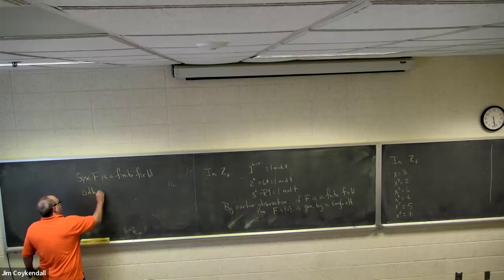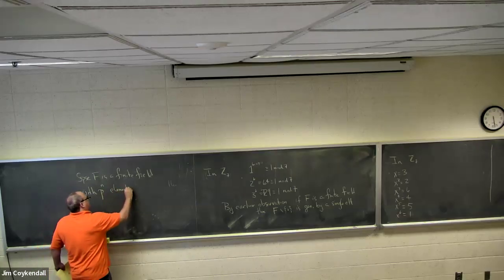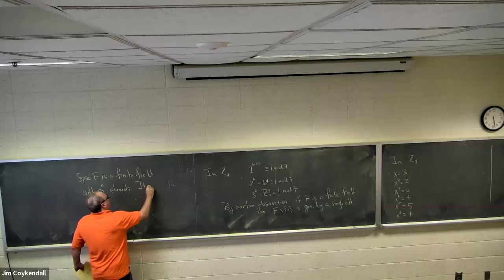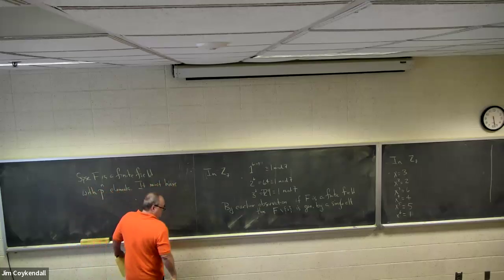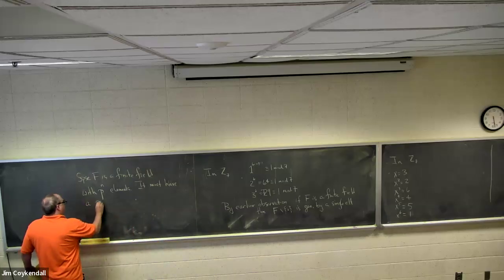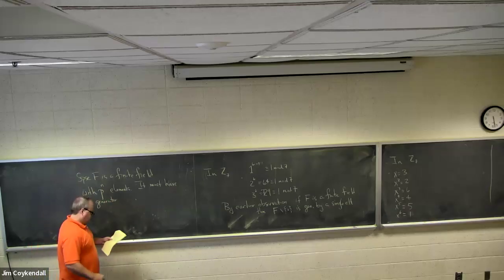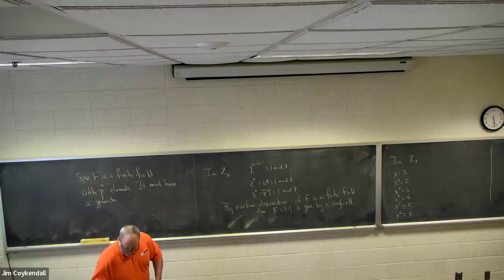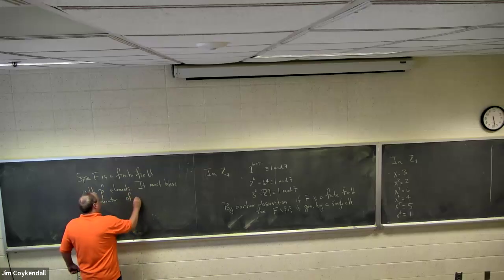Suppose it has p to the n elements. It must have a generator of order p to the n minus 1.